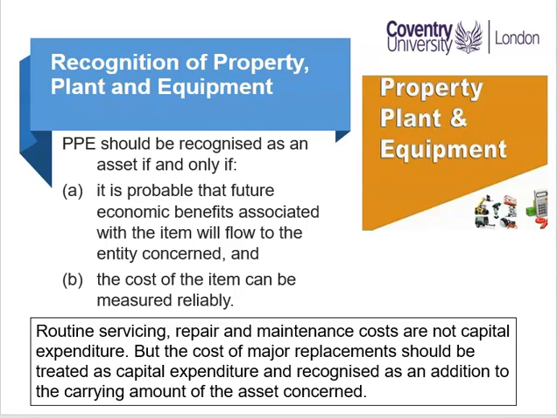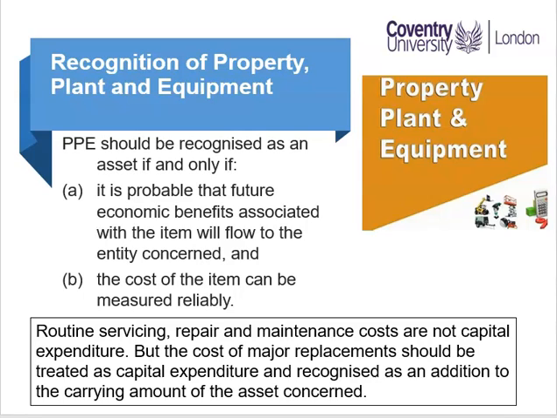The key word here is probable. An item is probable if it is more likely than not that future economic benefit associated with that item will arise. In percentage terms, it is more than 50%.